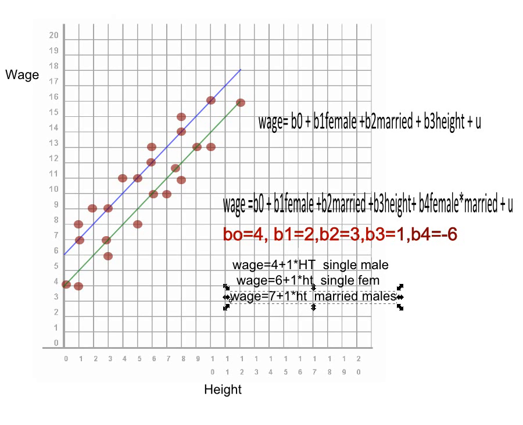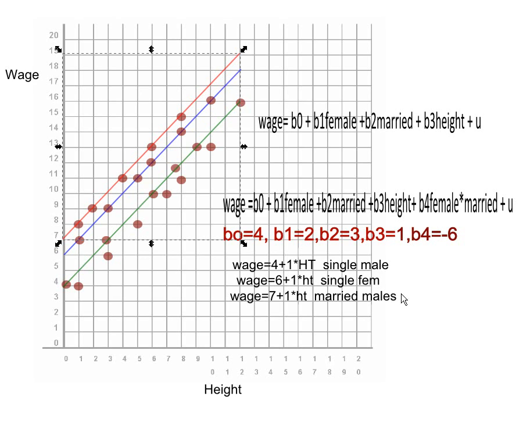So let's graph that line. The y-intercept is now 7. The slope is still 1. So we get something that looks like this red line for the married males. So what we're seeing is that just by assumption of these simple dots that I drew on the graph here, that the single males have the green relationship, the single females have the blue relationship, the married males have the red relationship.